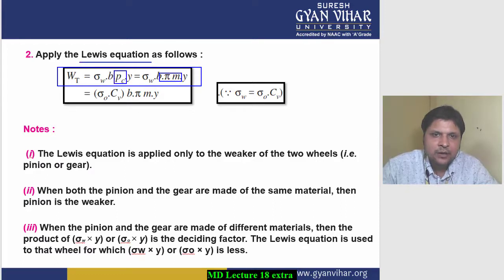Alright, and in the previous slide I have told you that this value of permissible load sigma W can be calculated by the formula sigma naught into CV. Sigma W is equal to sigma naught into CV.